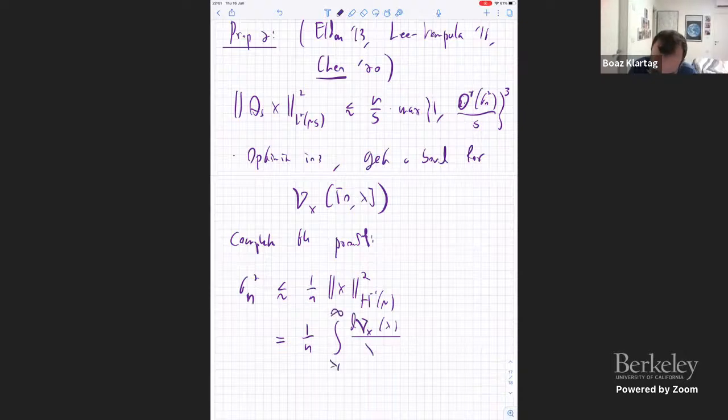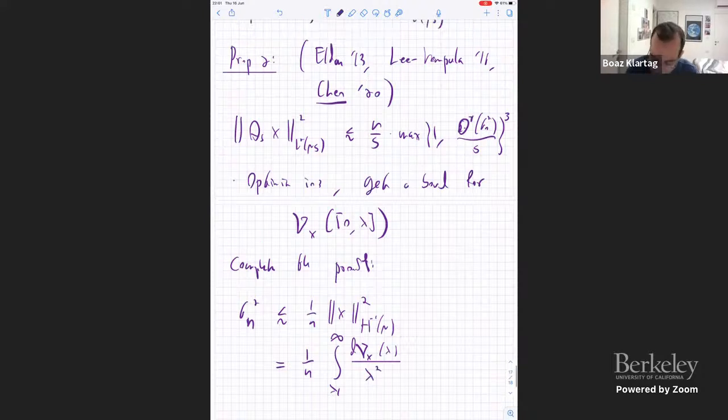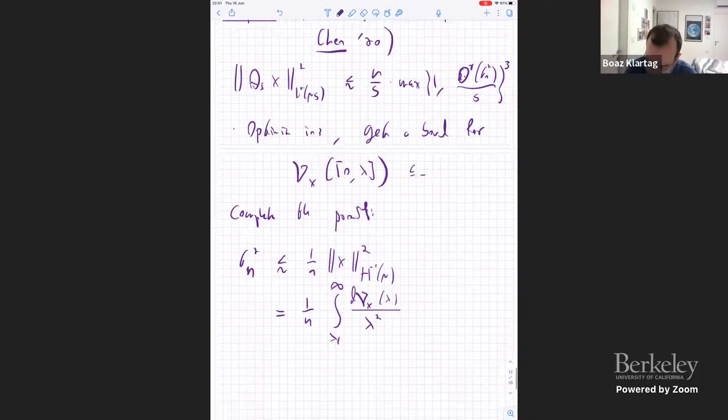This is just some identity, and if you just plug in the bound that we get here, you get sigma_n to a smaller power, 8 over 5, which is smaller than 2, and then you're kind of done. So I hope I showed you the scheme of things that are used in the proof.